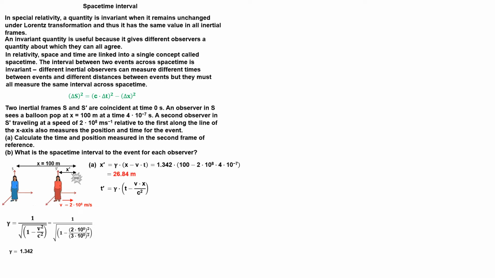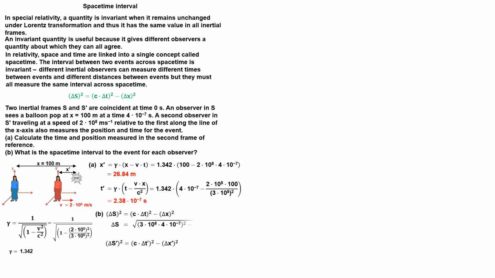We can find the space-time interval in S and in S prime. We can see that the space-time interval between the two events is constant for all observers.